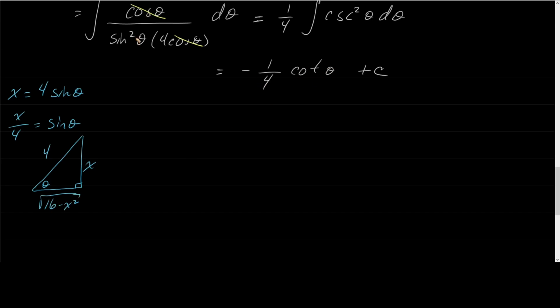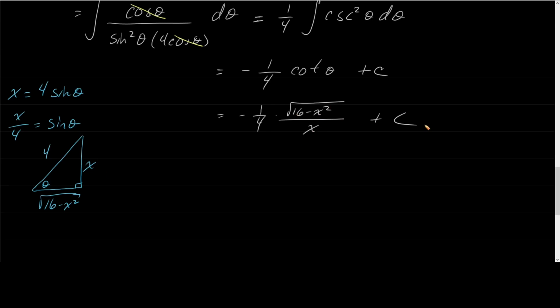From this angle, what is cotangent? Cotangent is the reciprocal of tangent, and from SOHCAHTOA, tangent is opposite over adjacent. So cotangent is adjacent over opposite. So I end up with adjacent, the square root of 16 minus x squared, over the opposite, which was just x. And we still have that plus c on the outside there.